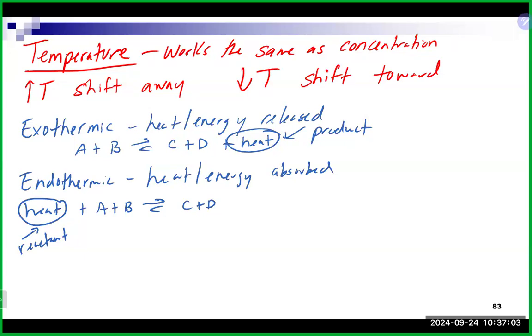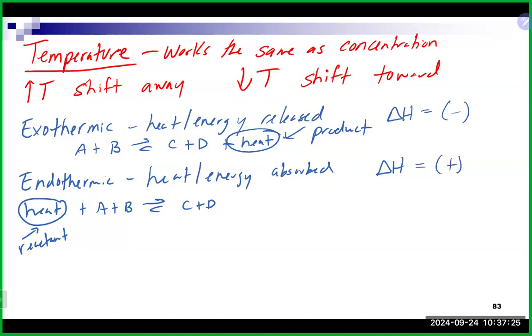Most likely, in most cases, the way that we determine exothermic and endothermic is they do not write heat or energy a lot of times in the actual equation. We look at the delta H value for these things. And if I have an exothermic reaction, the delta H value should be positive or negative? Should be negative, yes. And if I have an endothermic, it should be positive.